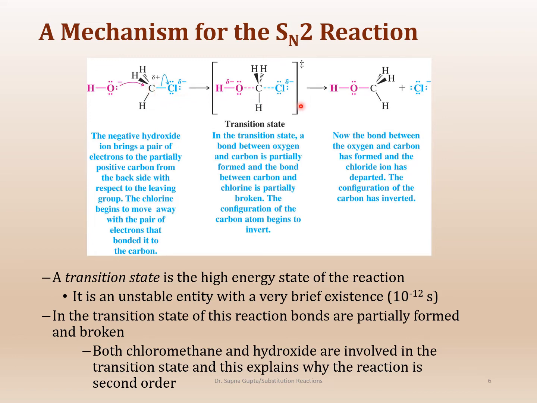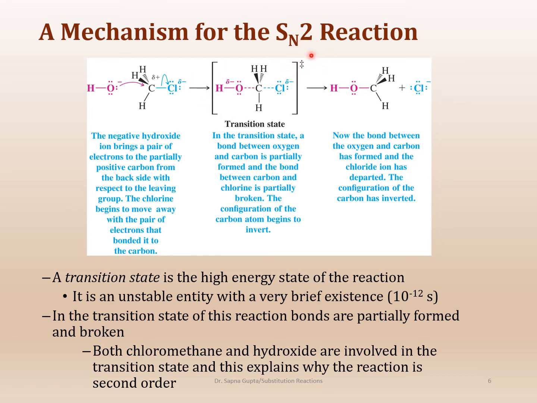So the transition state looks like this, where you have a bond formation going on with the hydroxide, or with the nucleophile, and you have a bond breaking going on with the leaving group. Both things are happening, and that is why the rate of reaction is dependent on both things, because both of them are taking part in the transition state. This transition state is represented by the square brackets and of course this symbol over here.